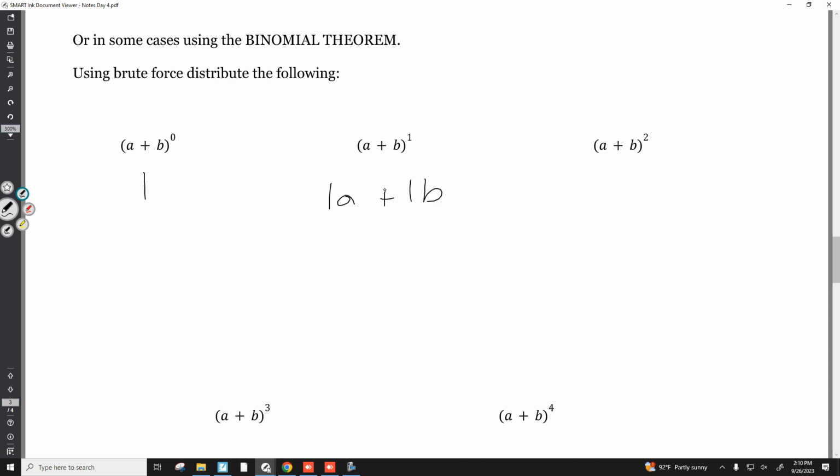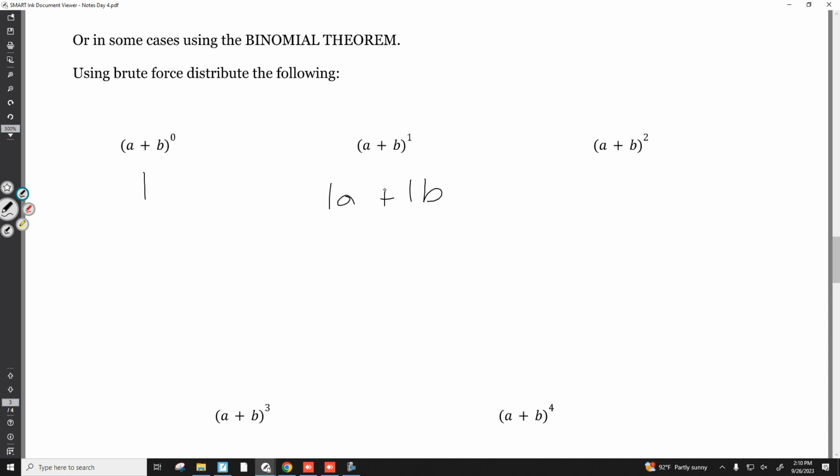Everybody, write down a plus b squared. You might have to use the box to get this. Don't you dare say it's a squared plus b squared. I want you to figure it out, because you're going to be wrong. Do it on the piece of paper.